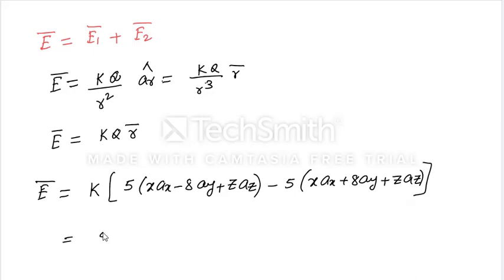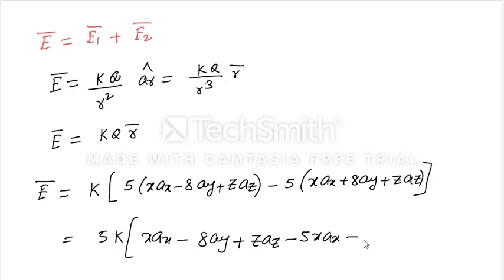Simplify this: 5k into x ax minus 8 ay plus z az minus 5 times x ax plus 8 ay plus z az. The 5 we have taken outside, and check for cancellation: x and z az cancel.